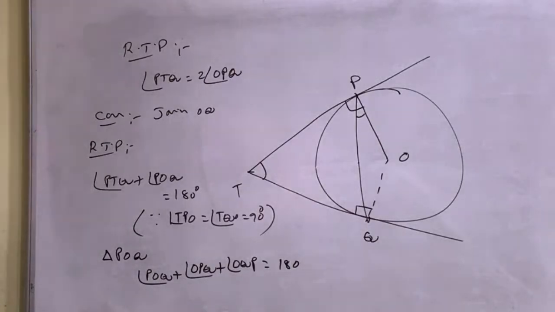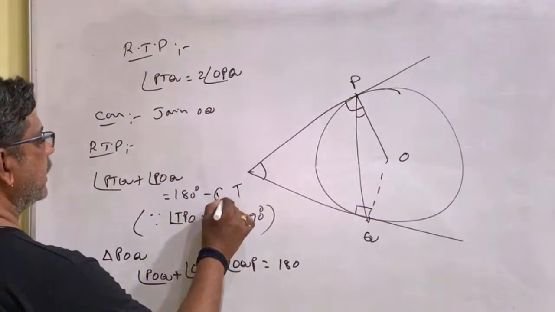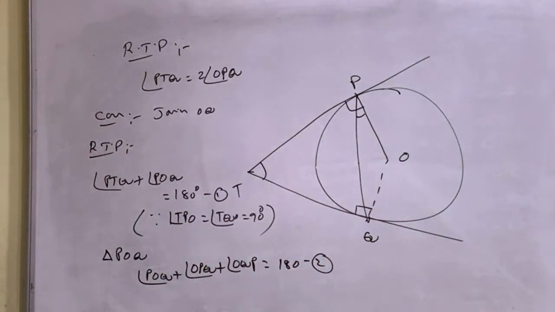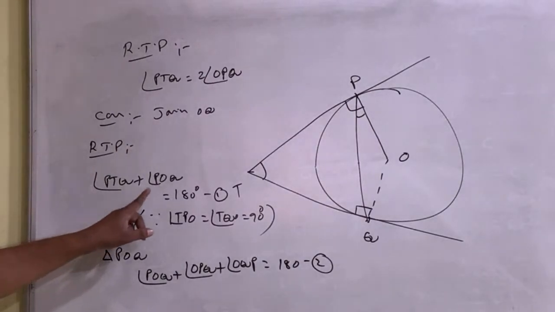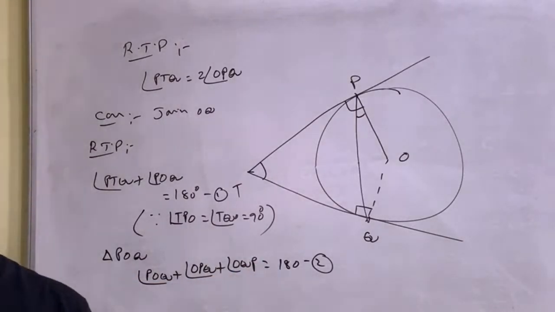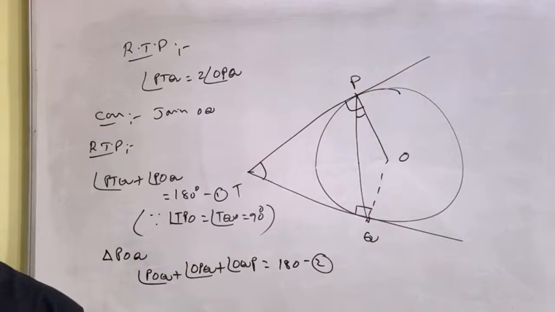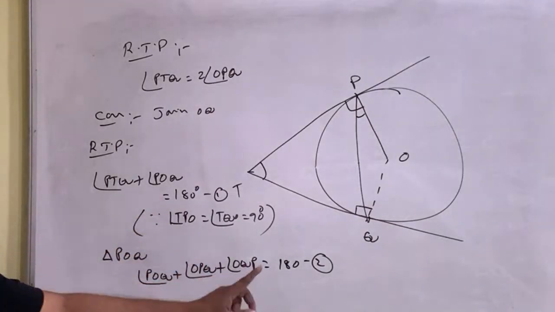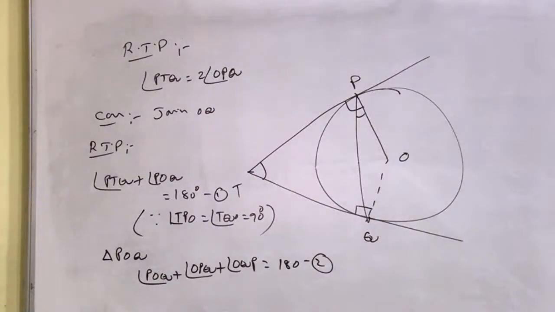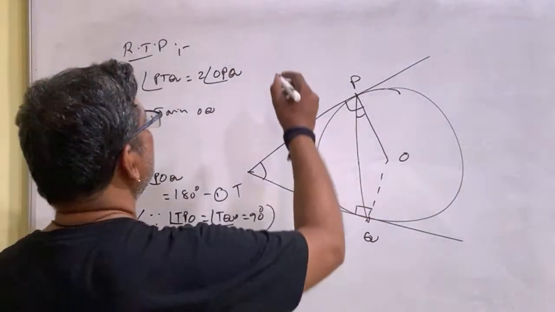Right. Now, let these be equation 1 and equation 2. If you observe both the equations, according to Euclid's axiom, things which are equal to the same thing are equal to one another. So what can I conclude?